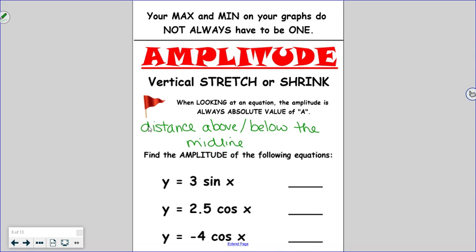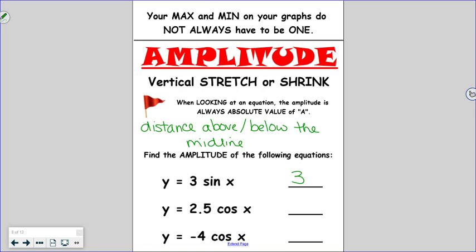And we've talked about distance is always positive, right? 10 miles to Gretna, 2 miles to Elkhorn High, even though they're opposite directions, right? Distance is positive. So as we look at this, it's going to look the same as a vertical stretch or shrink, a number multiplying on the outside of my function, but it'll always be positive. So we would say that the amplitude of this first one is 3.